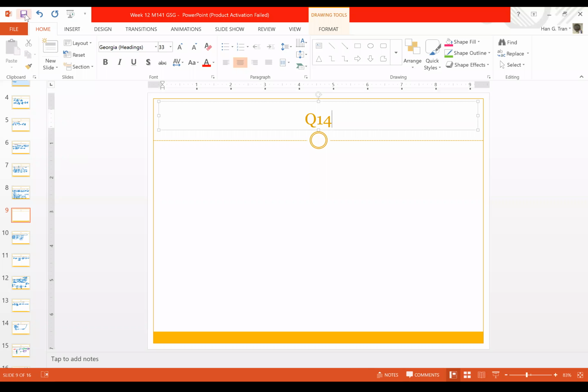Okay, let me put it down. Save this notation with everything we have had, and then let's go to Chrome.